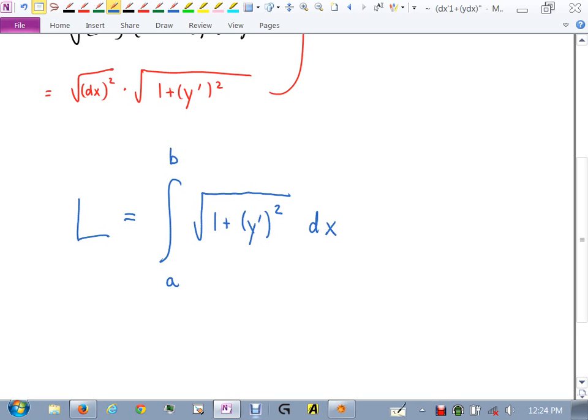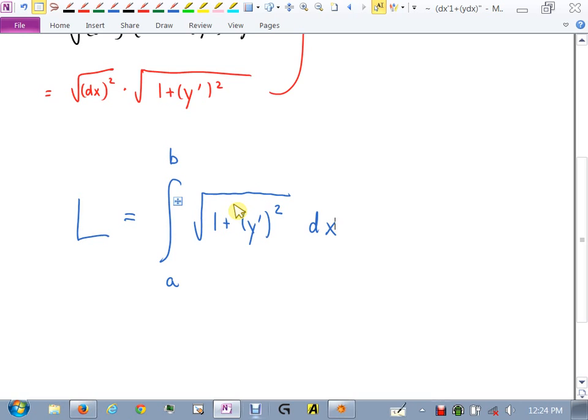If I can integrate that, I'm in business. The fact that the formula for arc length contains a square root creates a lot of issues because that integral can be tough.